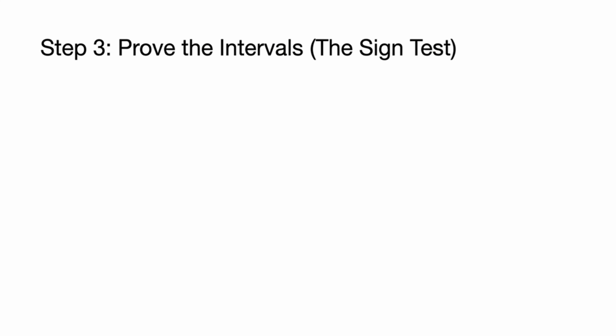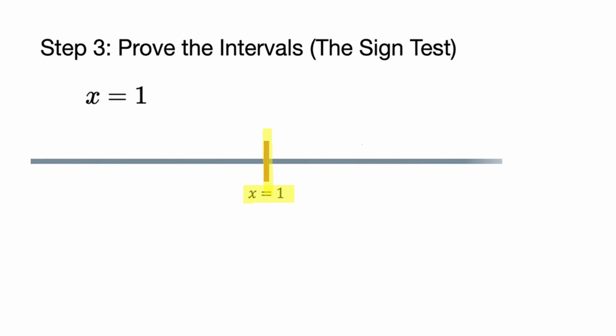But wait, is year 1 a maximum or a minimum? We can't just guess. We have to prove it with step 3, the sign test. We check the intervals around our turning point. Because the exponential is always positive, the sign of our derivative is controlled entirely by 1 minus x.